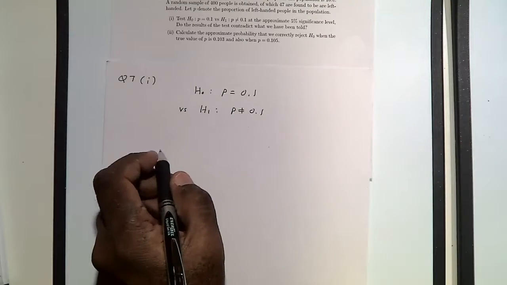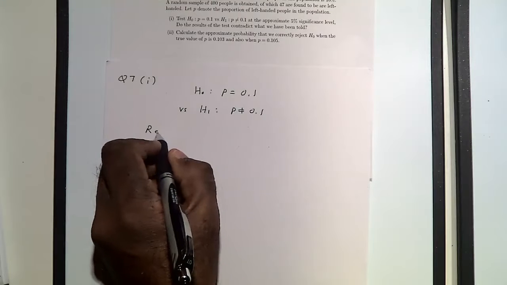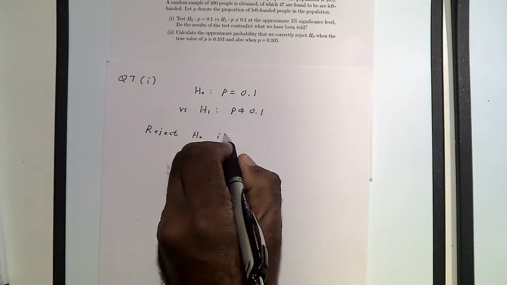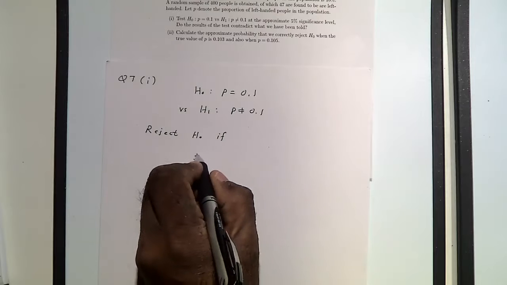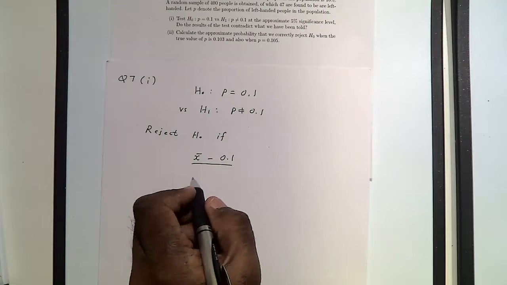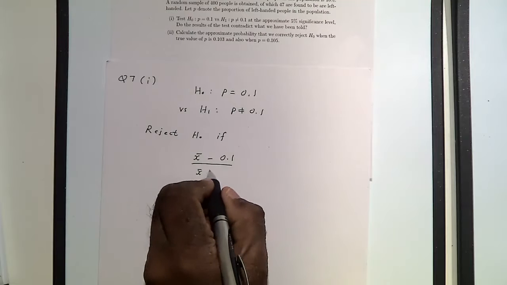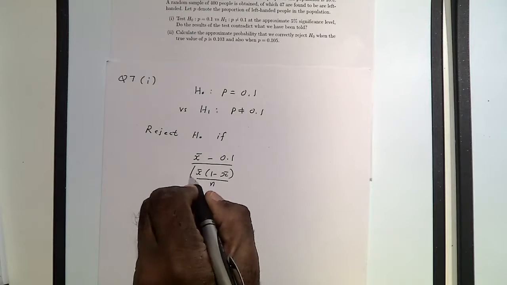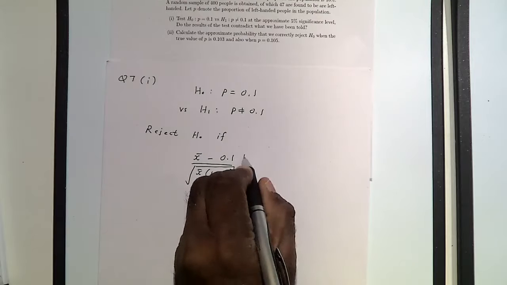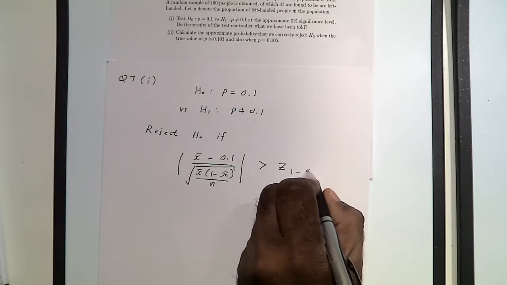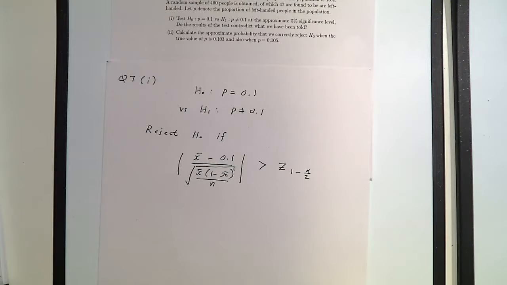The rejection rule is the one I just showed you on the screen: x bar minus 0.1, where x bar is the sample proportion, not to be confused with the sample mean, in absolute value greater than z 1 minus alpha by 2. This is the rejection rule.